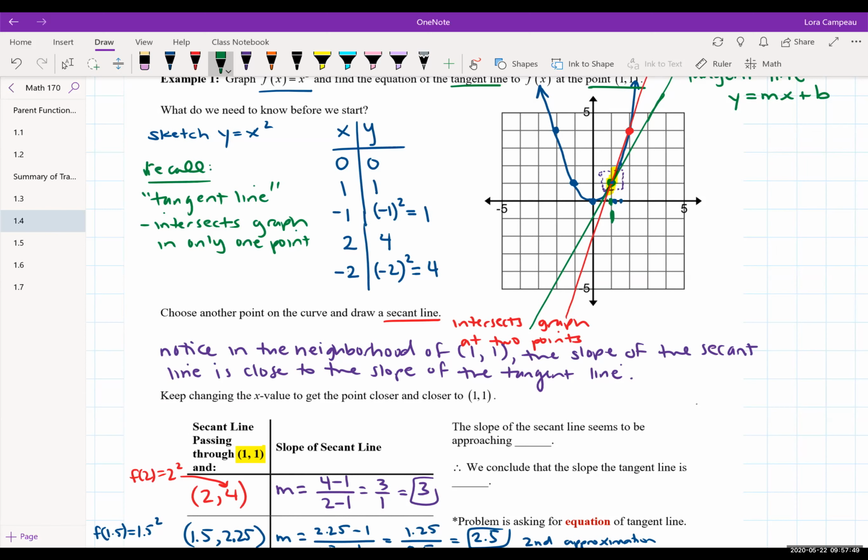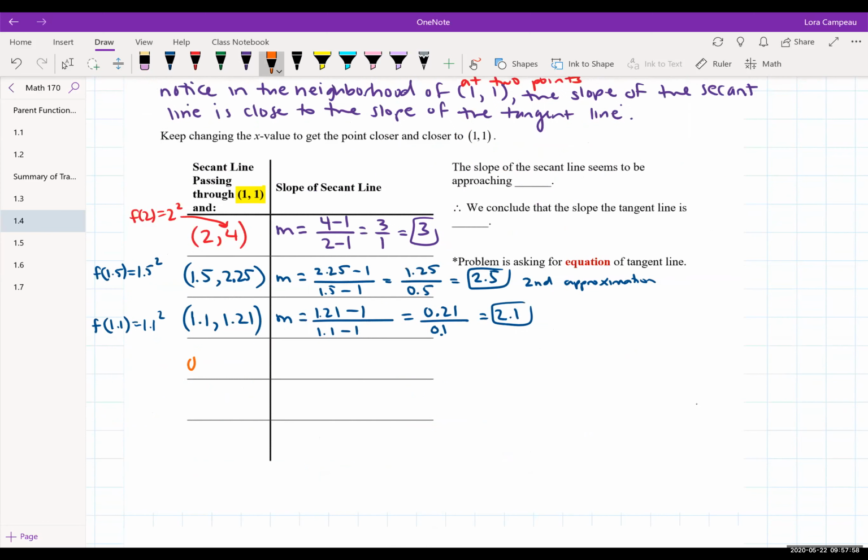So again, you're barely right next to the number 1 on the left side. So let's look at that, 0.9. And again, if I wanted to find its corresponding y value, whoops, I do want to actually plug it into the function. Don't get mixed up there. So 0.9 squared is going to give me 0.81.